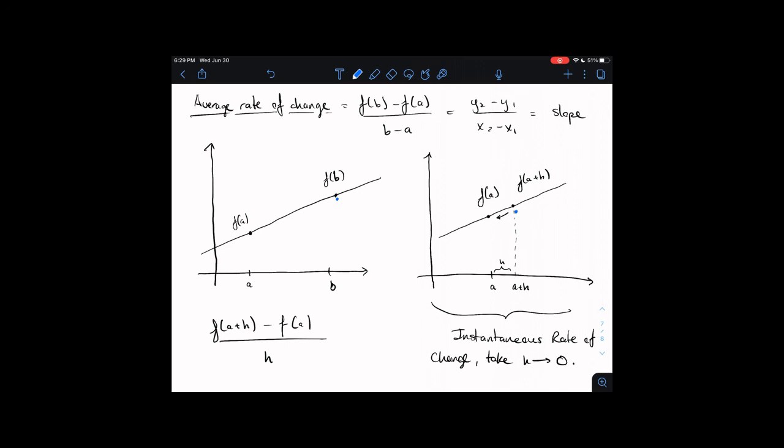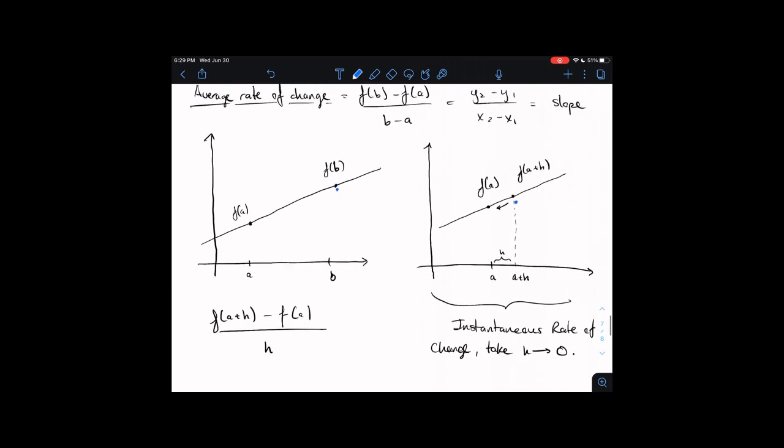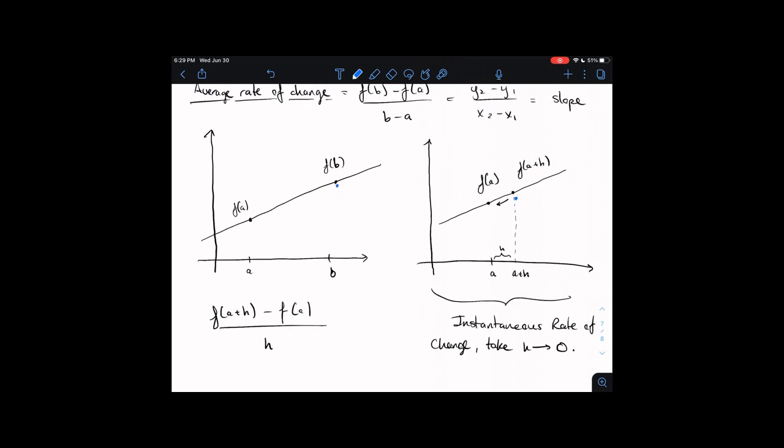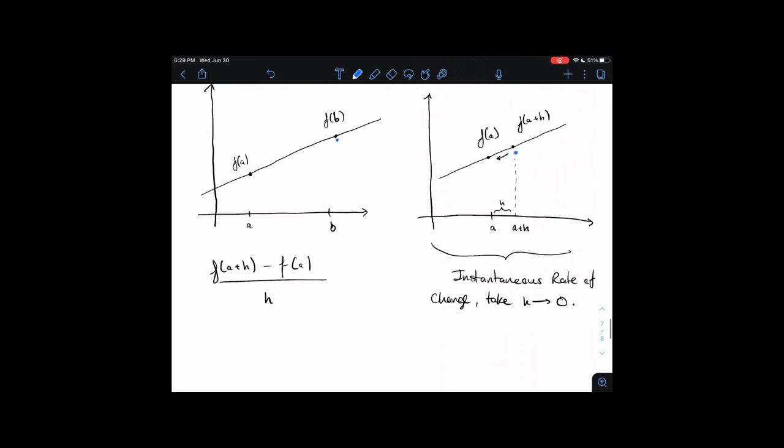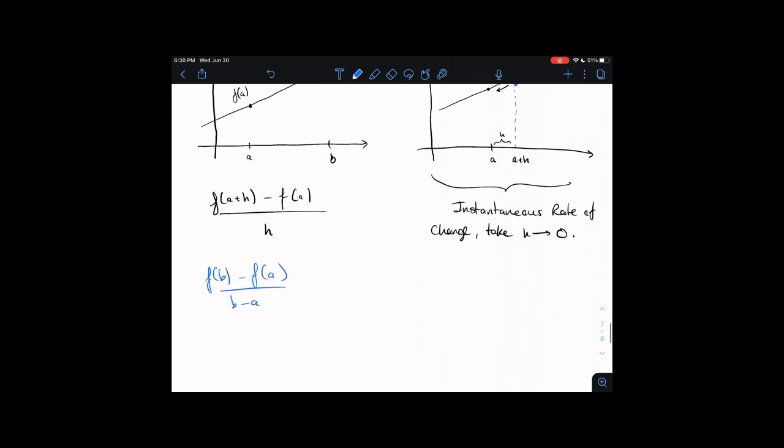And if I were to plug in a plus h for b, so notice, let's just write this. So f of b minus f of a over b minus a. We're going to set b equal to a plus h.